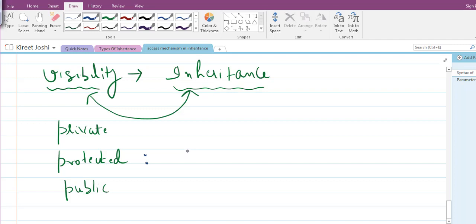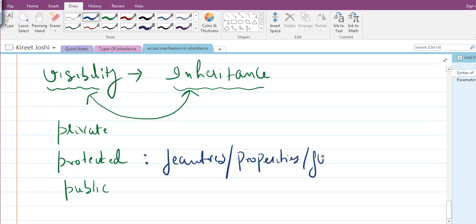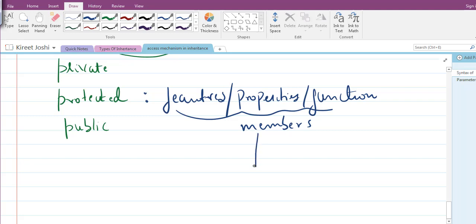Protected means you want the features, properties or functions, all of which are the members, of your existing class, that is the base class, the existing class, to be accessible to the derived class but not to the outside world.